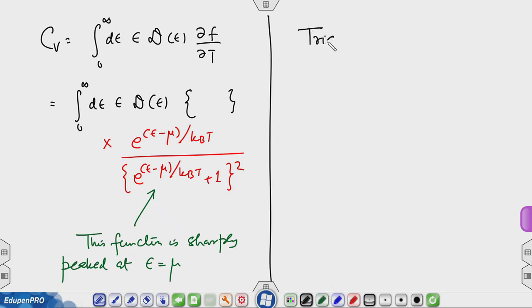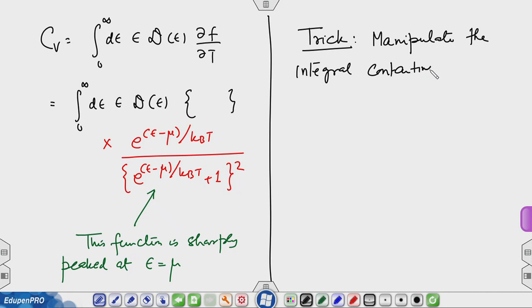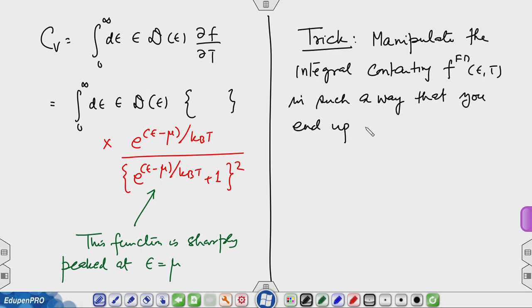The trick that we use is to manipulate the integral containing f_FD(E, t) in such a way that you end up getting either df/dt or df/dE in the integrand.